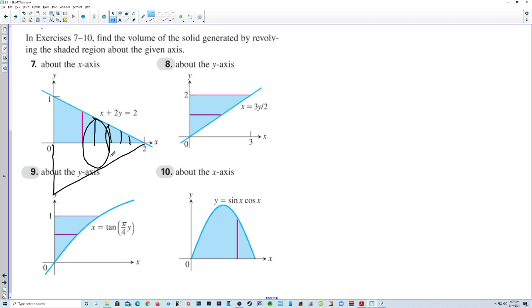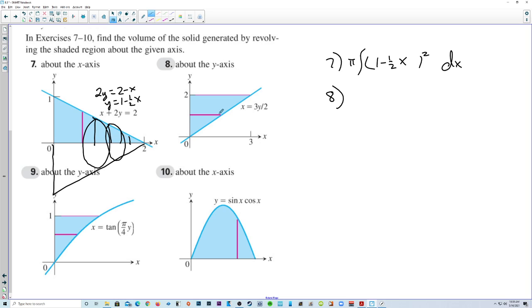Now, if they're stacking up along the x-axis, then we're going to integrate with respect to x. So we need y: 2y is equal to 2 minus x, y is equal to 1 minus 1/2 x. And those cross sections are circles, so we need to integrate pi r squared, which is 1 minus 1/2 x.